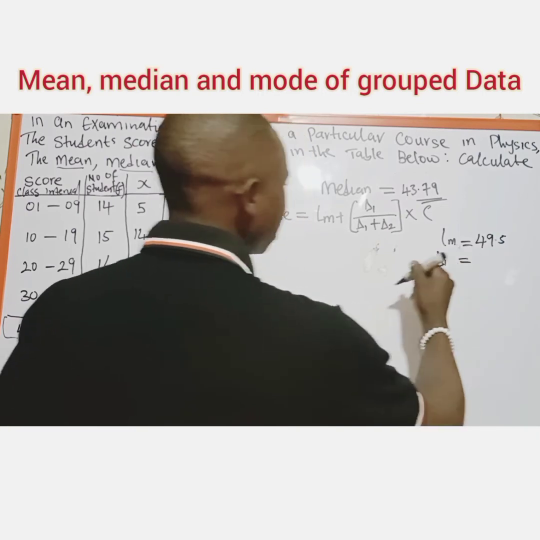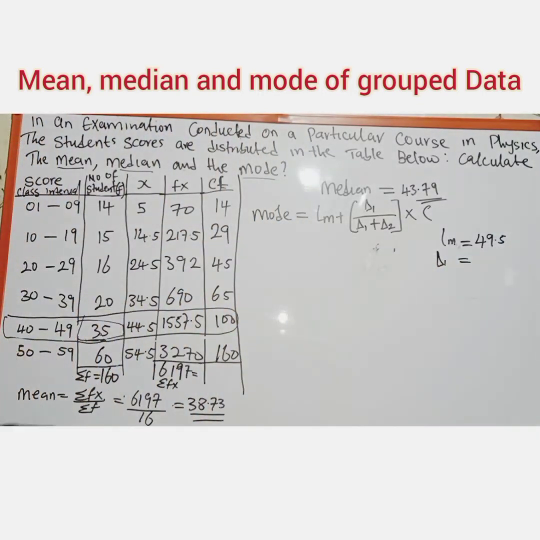So the next is delta 1. How are we going to get our delta 1? When we go back to our data, the highest frequency is 60. To get delta 1, we obtain the positive value of subtracting the frequency before our modal frequency. The frequency before our modal class is 35.